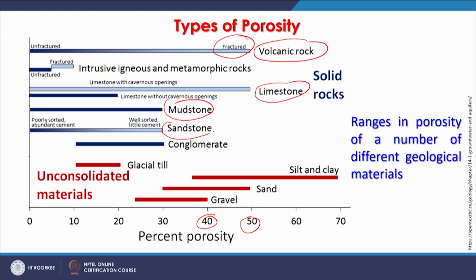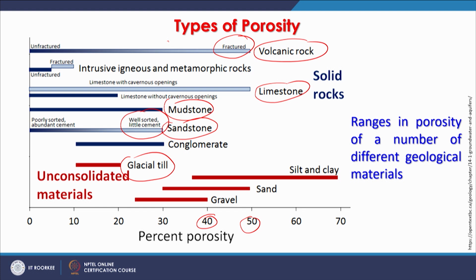In case of sandstone, and that too well sorted and with less cementation, our porosity can be 30%. As I said earlier, only in rare cases do we reach 50% porosity, otherwise values range between 20 to 30%. In glacial till, because it is very poorly sorted material, porosity is around 20%.